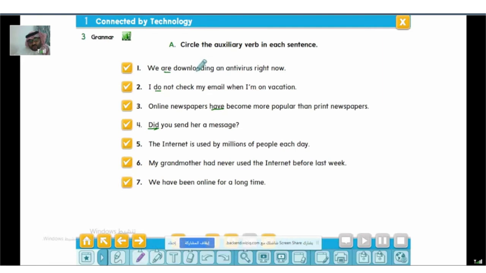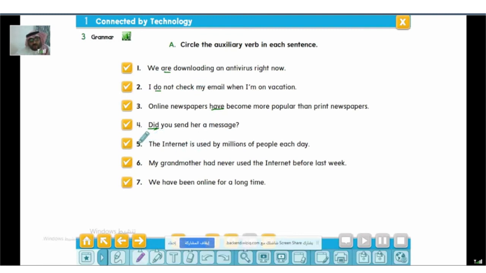This tense is a progressive tense. Okay, present continuous tense or progressive tense. And the next one is present simple, and so on.